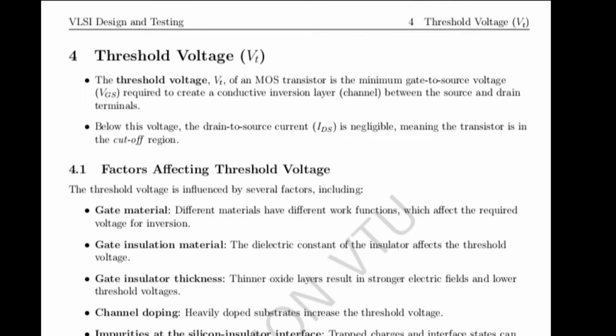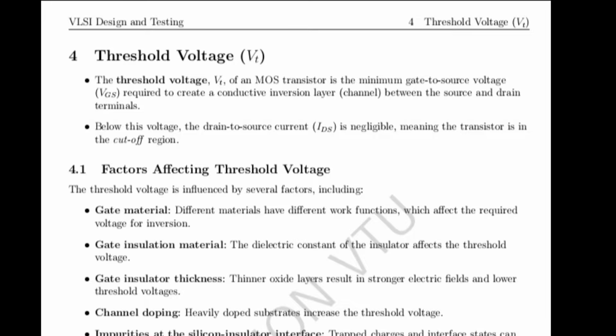This is the minimum gate to source voltage required to create a conductive inversion layer between the source and drain terminals. Below this voltage, the drain to source current is negligible, meaning the transistor is in the cutoff region.